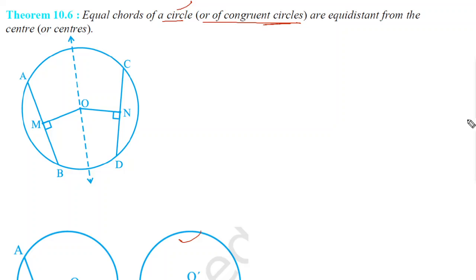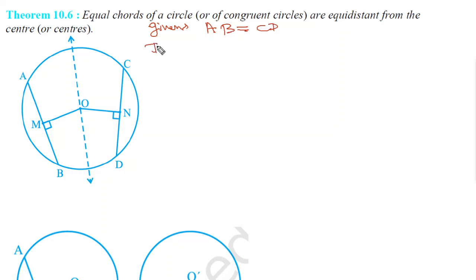So let's start. So here what is given? Given is equal chords of a circle. That means chords are equal. AB equal to CD is given. AB and CD are equidistant from the center. This is what we have to prove.